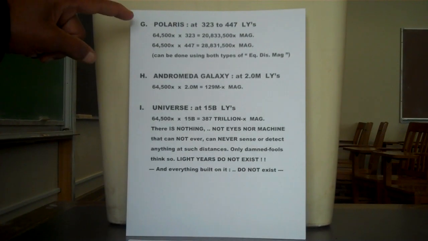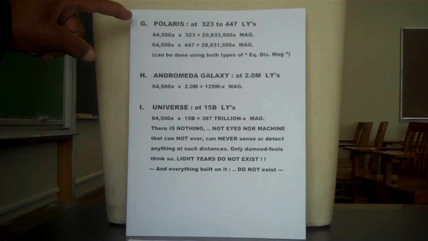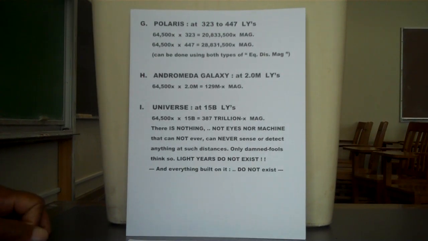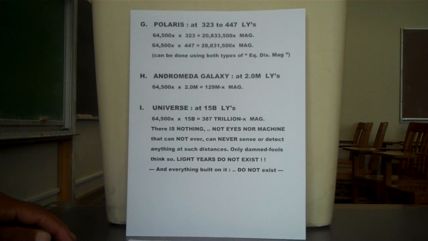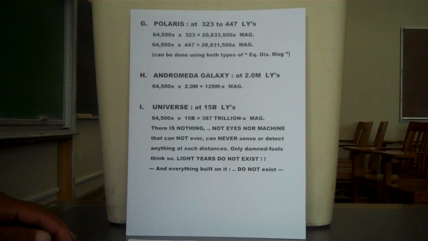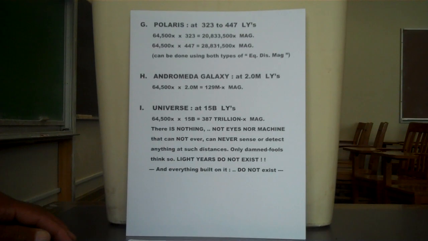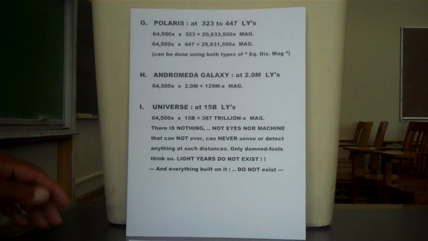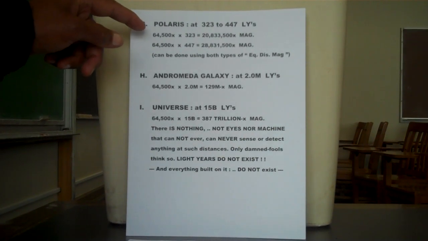Polaris, considered the North Star, is considered at 323 to 447 light years, such that 64,500x times 323 equals 20,833,500x magnification needed. Yet you are told that you walk outside on a clear night and, if you are far enough north, you can see Polaris shining up there in the sky, and you are told that your eyes are able to see 20,833,500x magnification.